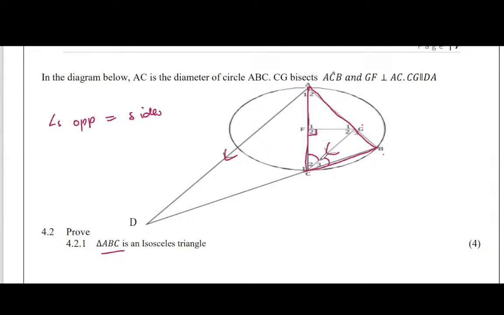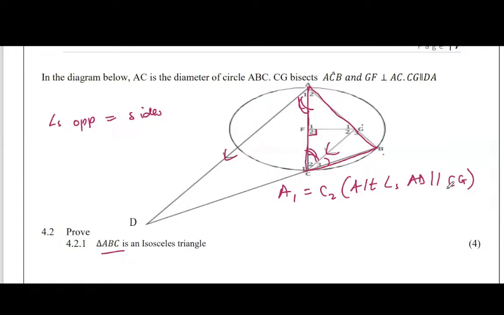So you can say that A1 is going to be the same as C2. This angle is the same as this angle. Okay, so I'll say A1 is the same as C2. Reason, those are alternate angles because the side AD is parallel to CG.